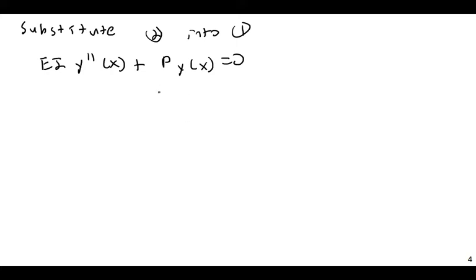And I'm going to rewrite this now, and I'm going to introduce a quantity k, just to make things a little bit easier, where k is not really a constant, but is going to be equal to the root of P divided by EI.